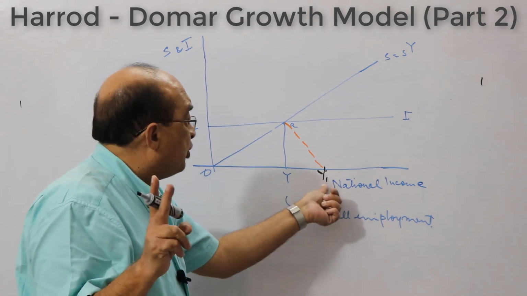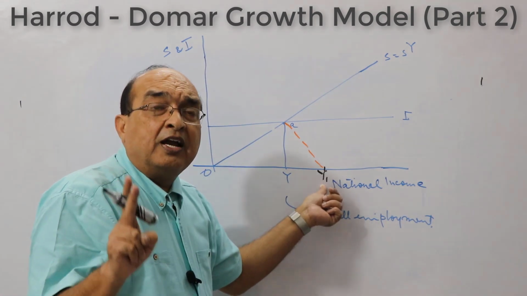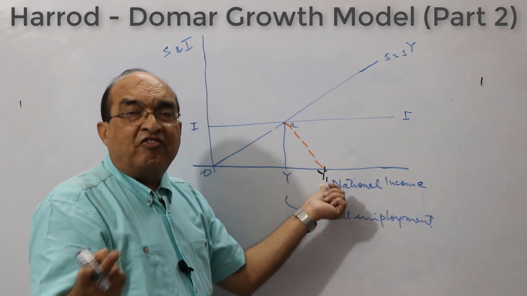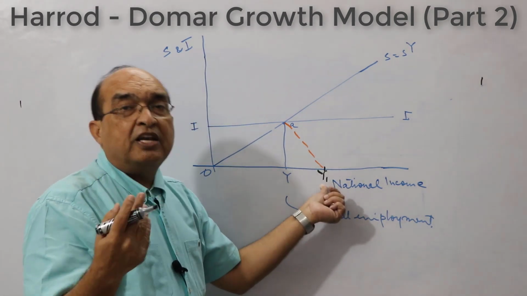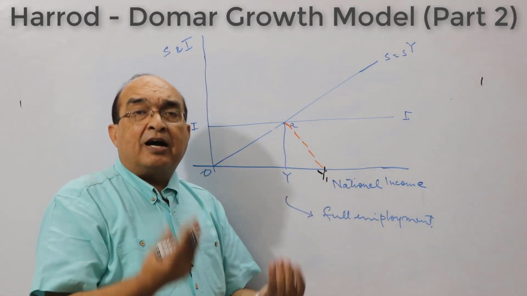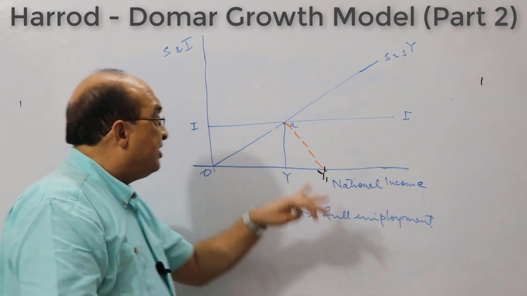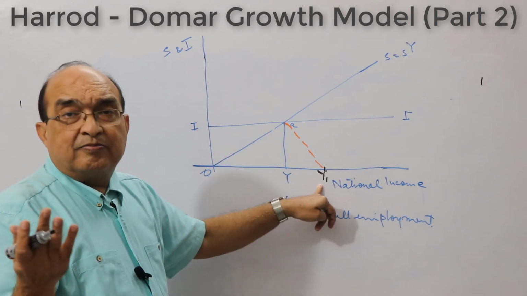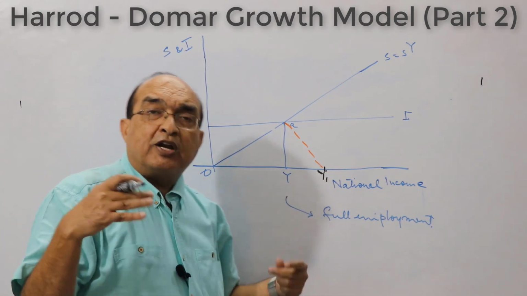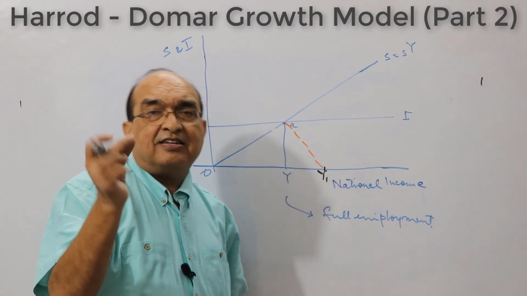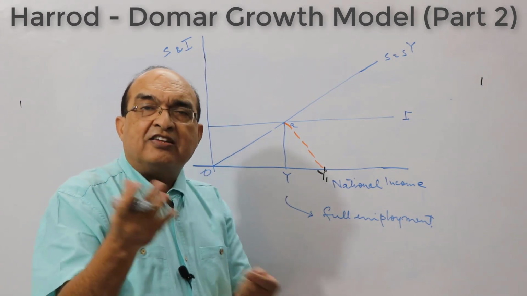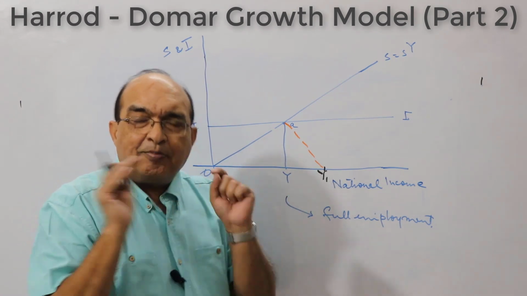Potentially, the economy can produce this level of output, but the economy will be producing it only when its producers are sure that there will be sufficient demand, and that demand will come from the investment that takes place in this time period. So as far as productive capacity is concerned, there is a time lag, while for income generation, that is the short run, it is in the same time period.